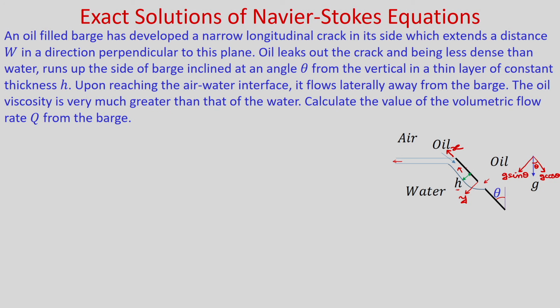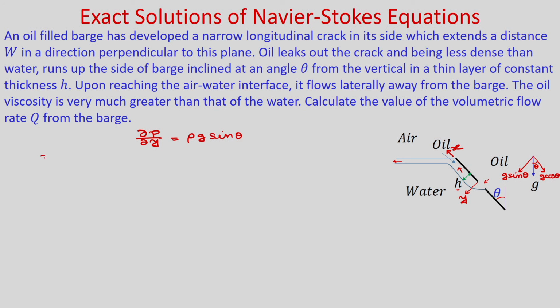Okay. Now, obviously, from the y component momentum equation you can write del p by del y is equal to rho g sin theta. This is the hydrostatic pressure. Okay.